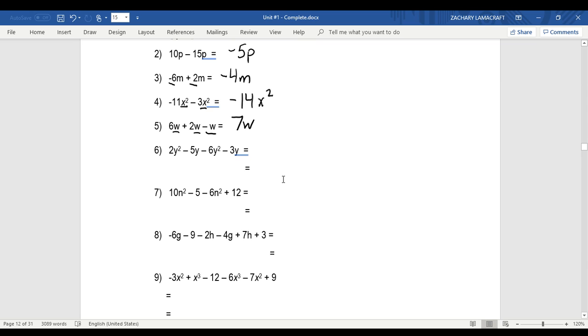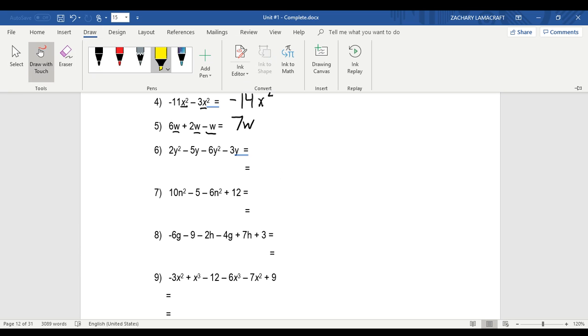Okay? So the next one here is a little bit different, but this is where we've got to group them. So if you want to circle them or underline them, it usually makes it the easiest. In this case, we've got 2y squared minus 5y minus 6y squared minus 3y.